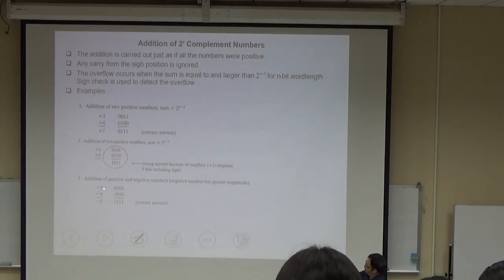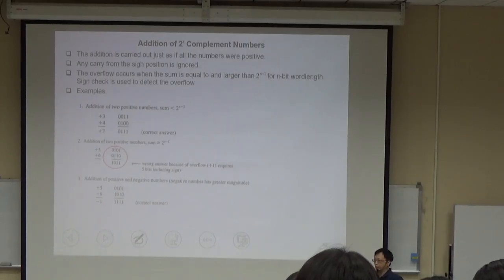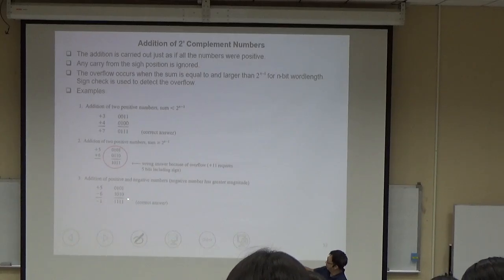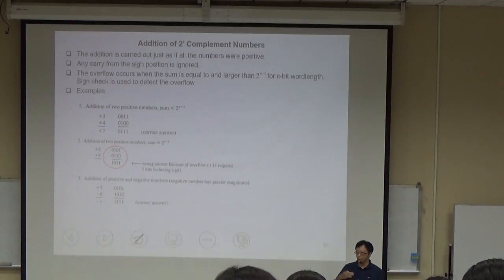We perform addition for these two numbers to get a result. We got the right result. We don't need to perform any additional operation. Okay, so just treat these two as positive for addition.